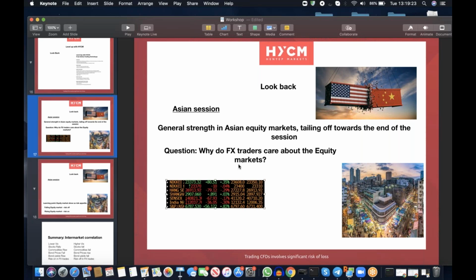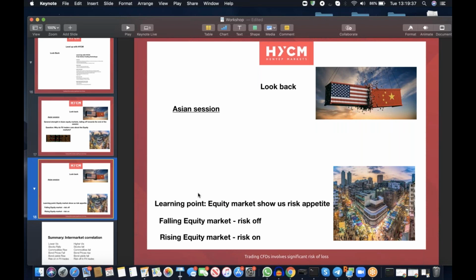There was a phone call that's meant to have taken place between China and the US, and a number of positive comments were made. And as a result, there was this optimism that was injected into the market. Now, looking at the equity market, it shows us what risk appetite is. Falling equity market equals risk off, rising equity market equals risk on.